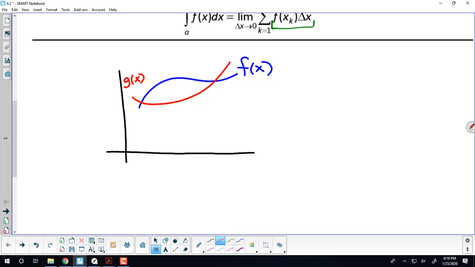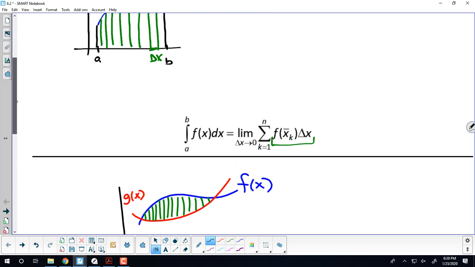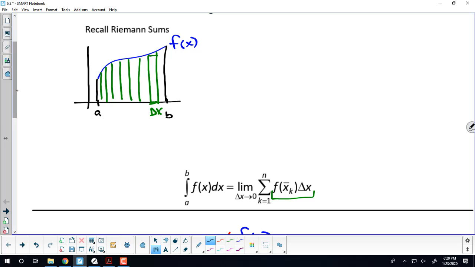So like if we had these two functions and we wanted to know what the area was, then again the same strategy is applied: we're going to cut that region up, fill it up with a bunch of rectangles, compute the area of each rectangle, and then add all of that up. And this idea does extend into 6.3 and then 6.4.